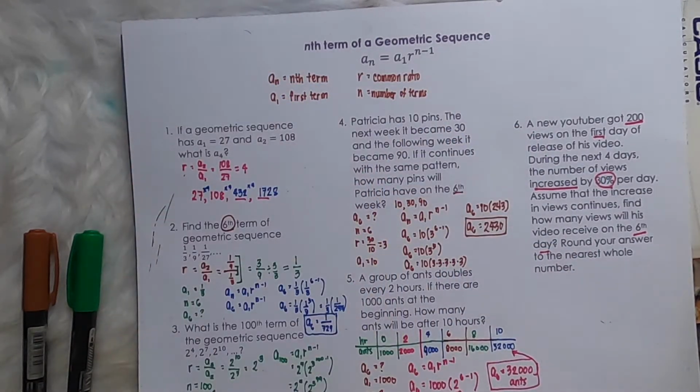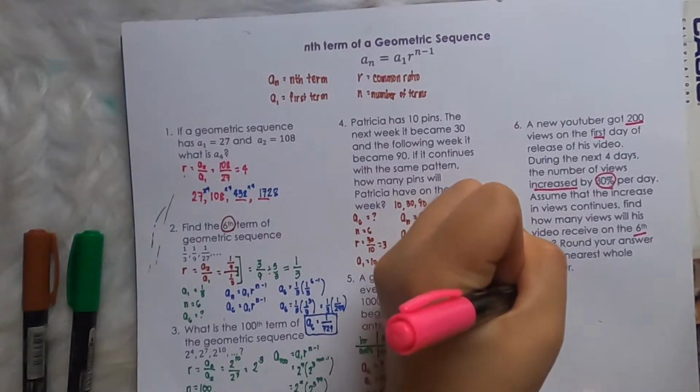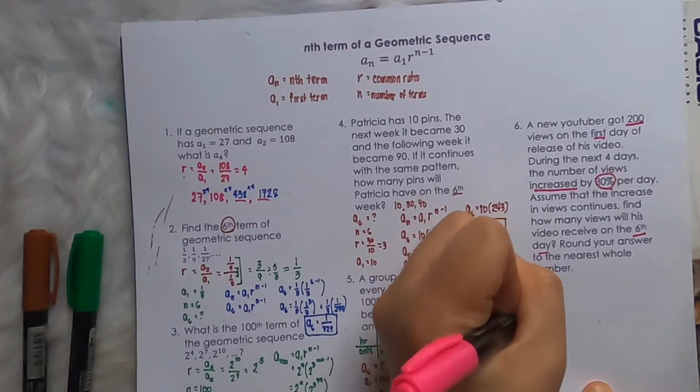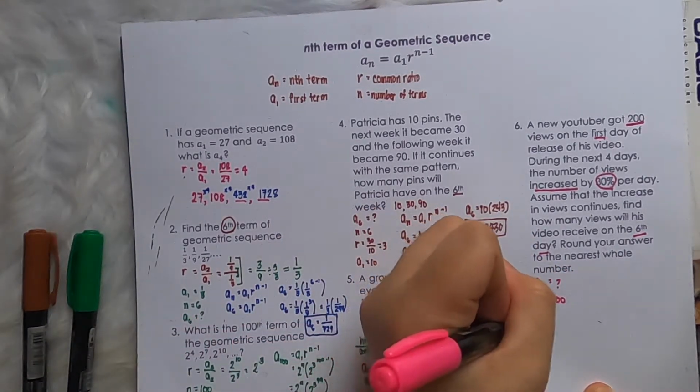So dito po, it is certain that we are looking on the 6th day. So we have here a sub 6 which is unknown. Next, our first day or a sub 1 which is equal to 200. N is equal to 6.